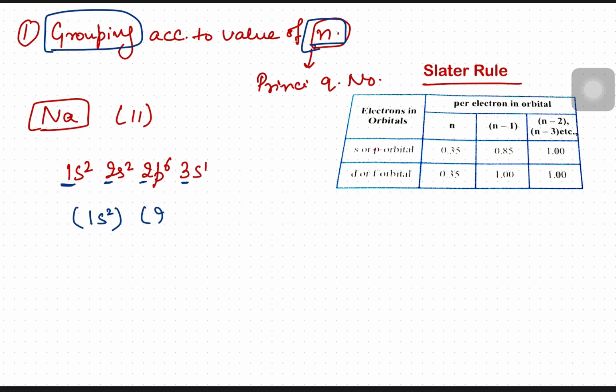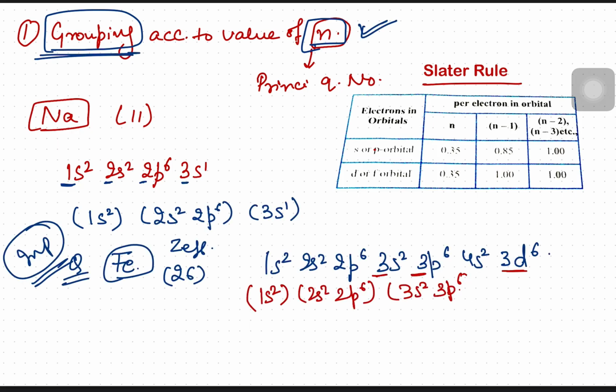Here is an important concept: you have to do the grouping according to the value of n. So 1s2 is one group, then 2s2, 2p6 in another group, then 3s2, 3p6 in another group. Now 3d6 also has n equal to 3, so you have to take it in this same group. This is the main thing that you have to consider.